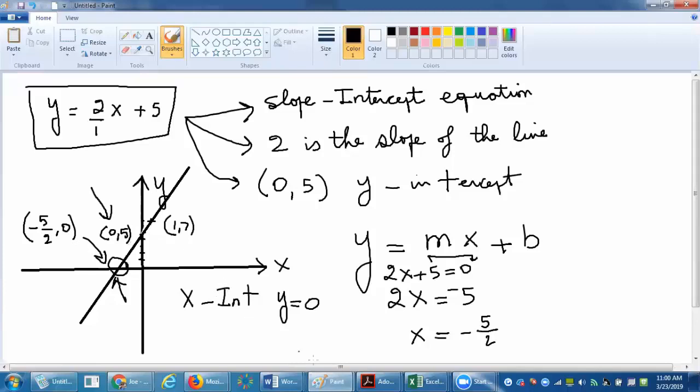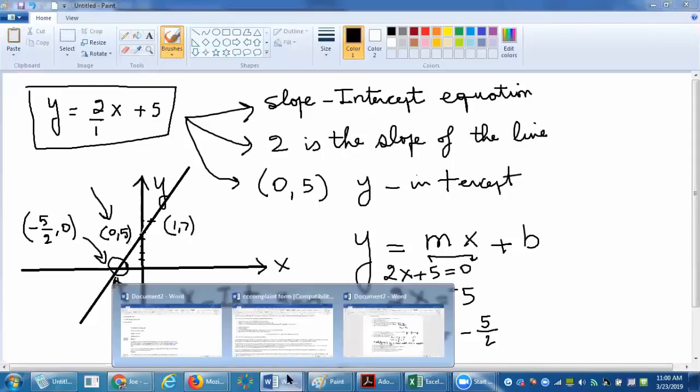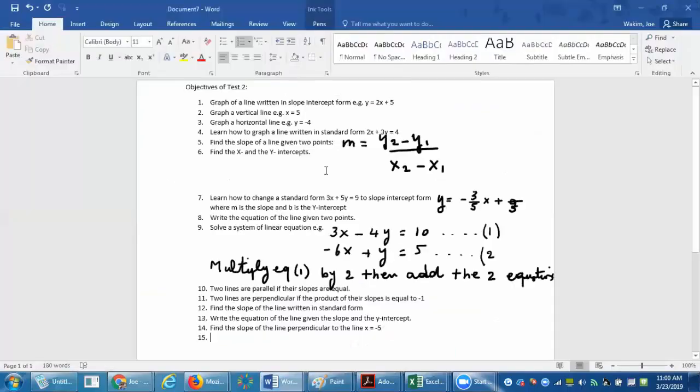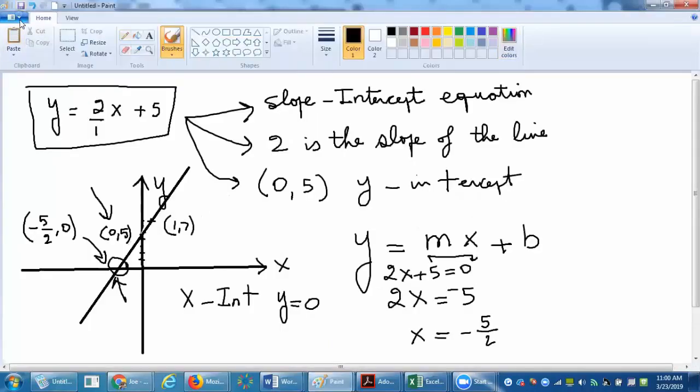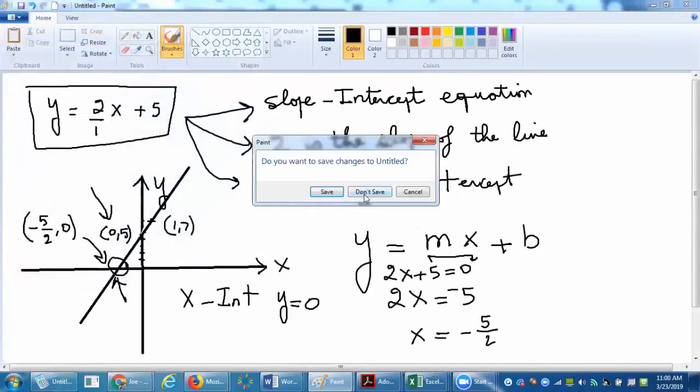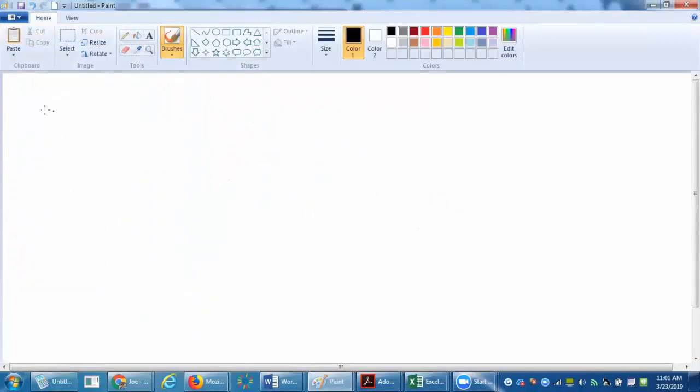So let me look at my checklist. Graph a line written in slope-intercept form, and we just did the first one. Graph a vertical line. Now, what do we mean by a vertical line? It's when we have x equals a constant. It could be 4.